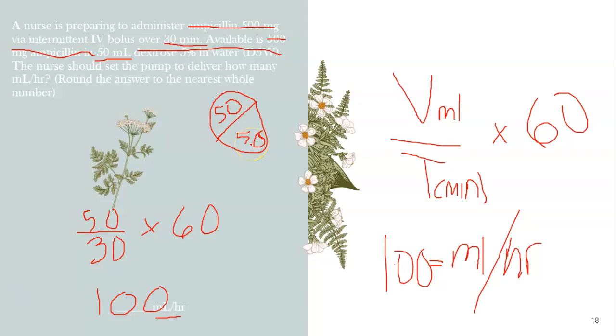So you are making the pump think that in the hour it's going to run 100 cc's of fluid. You don't have 100 cc's of fluid.